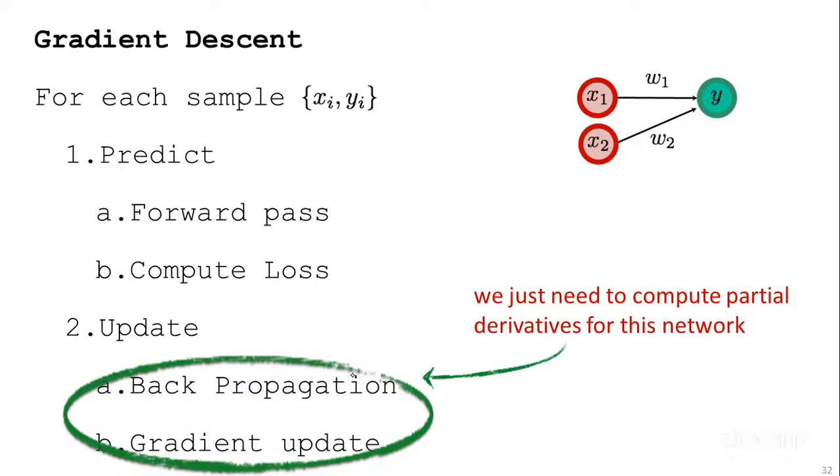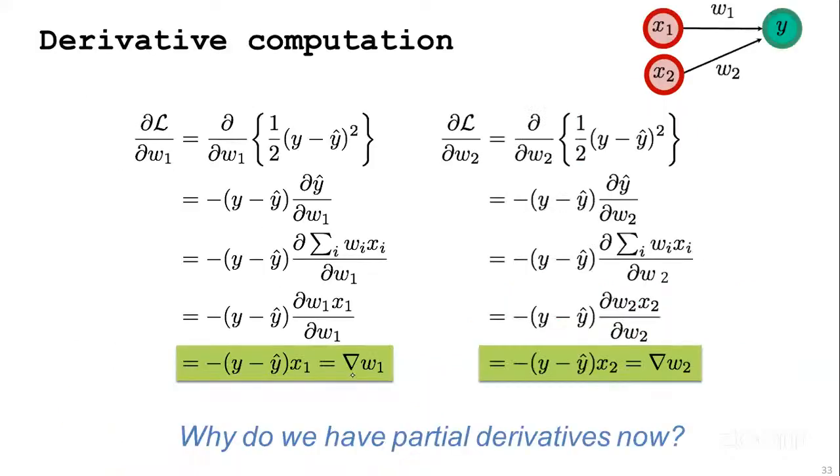When we do the back propagation and gradient update, we need to compute the partial derivative of this network with respect to these two variables, right? Similar to the derivative with respect to W, now I have written it with respect to W1 and with respect to W2, exactly the same thing.